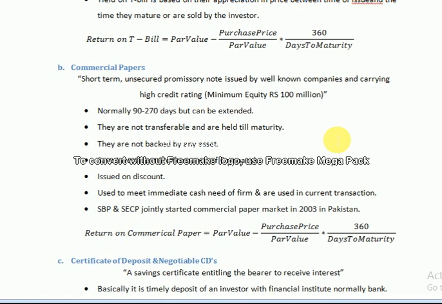Look here, those companies whose ratings are very high mean their records are good.